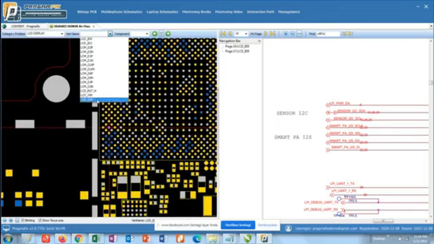Because this is MIPI, then there is LCD data P and LCD data N. Continue to add one more, this LCM data 3 P and LCM data N, which means four data lines. So more or less they provide data communication to the display.